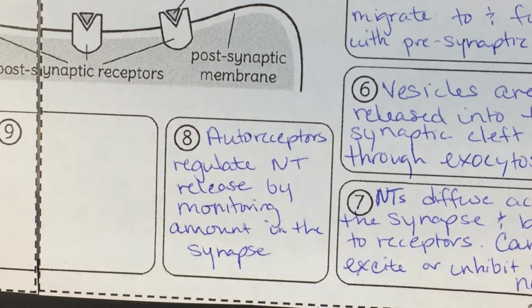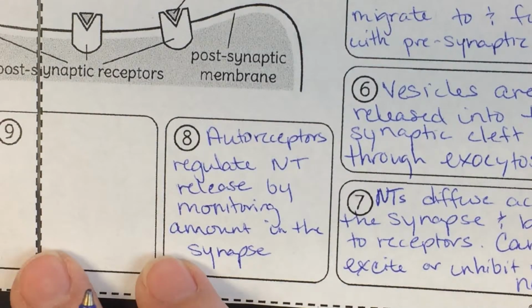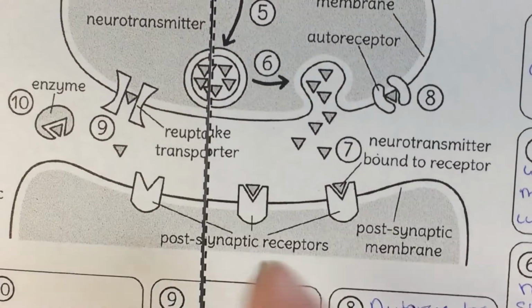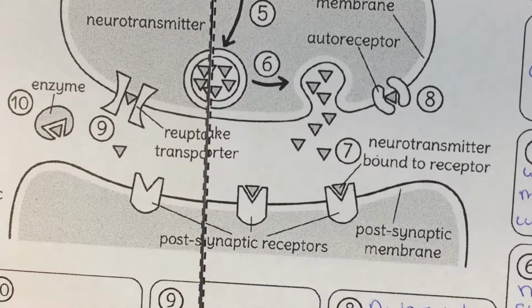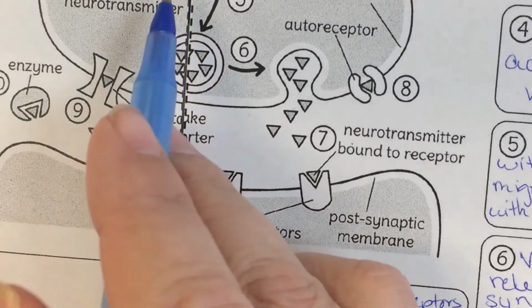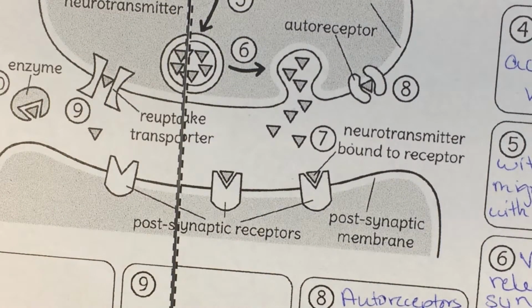So you get like a nice little negative feedback. If there's too many in there, we'll shut it down. Then in 9, we have reuptake transporter. It's released all these neurotransmitters into the synapse. Some of those would be kind of nice to recycle and reuse if we have the capability to do so. And some we do. And so there's a little way to take them back in.